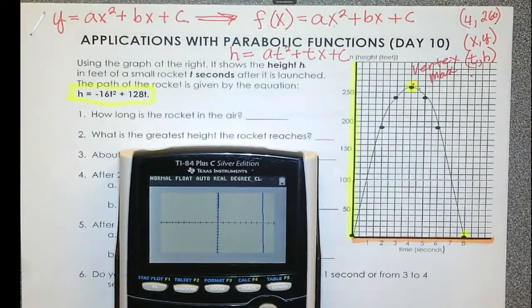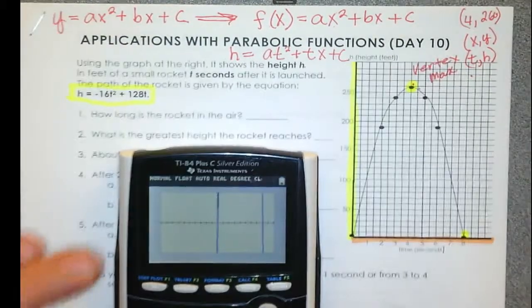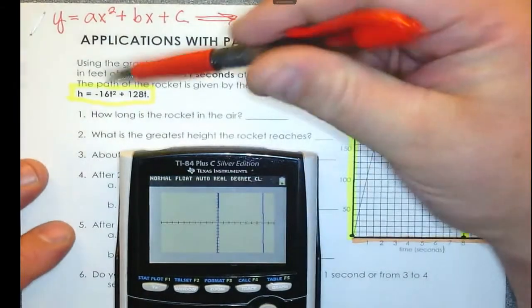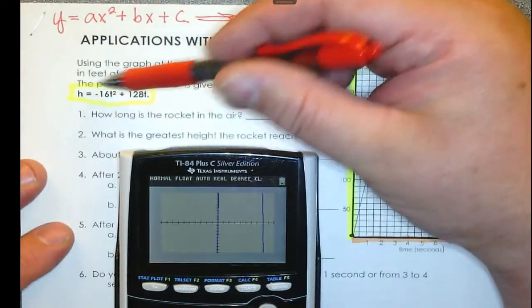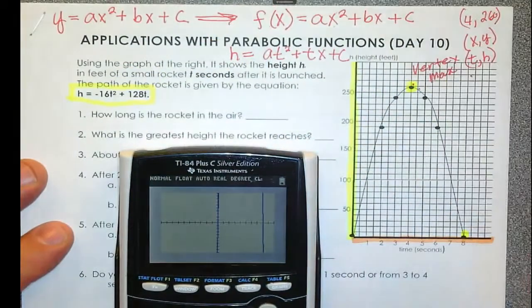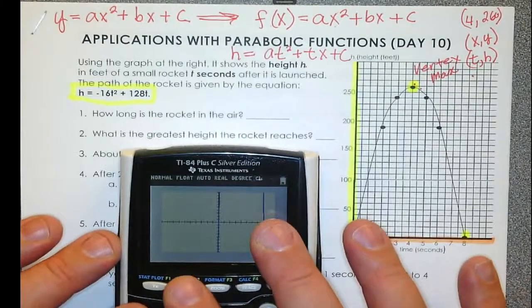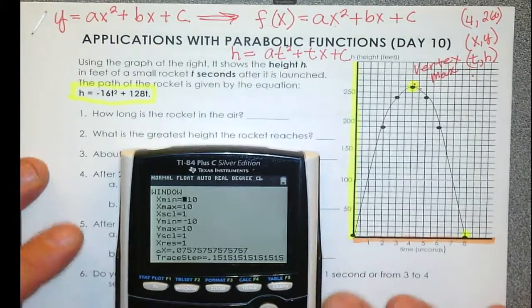Now, when I was teaching you parabolas, how to graph them, we did it this way. But we were doing some pretty simple problems, and we didn't have such large coefficients, right? We didn't have 16 or 128. So let's fit this to a window. Let's go to our window.